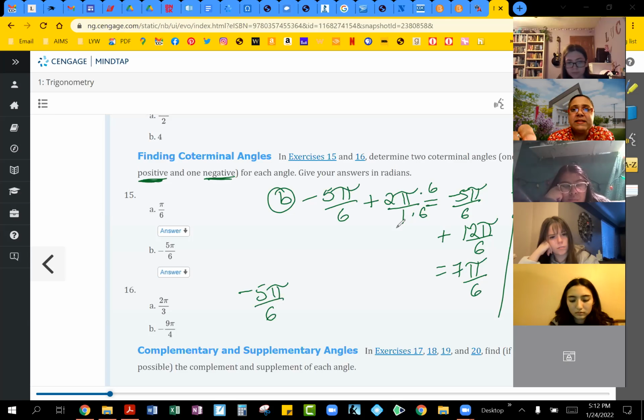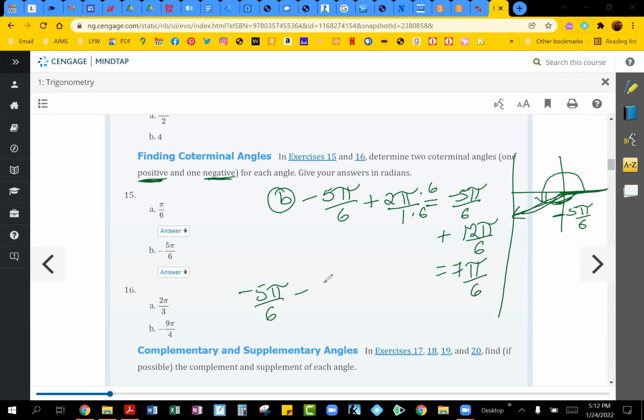Yeah, so when positive doesn't work, try subtracting. Start by subtracting 2 pi, which, when you find that common denominator, becomes 12 pi over 6, but this time you are subtracting. Can you tell me what this will come out to be? Negative 17 pi over 6.